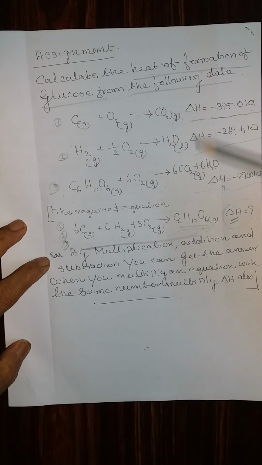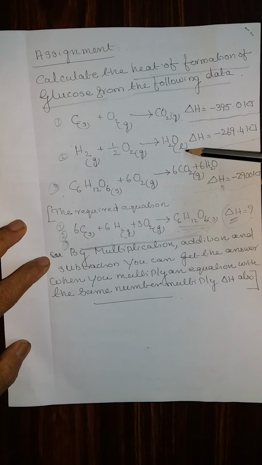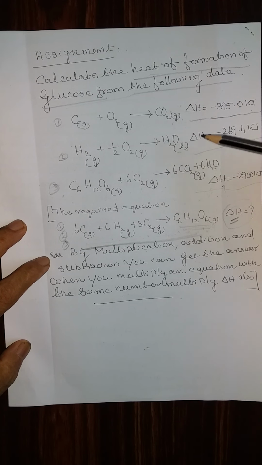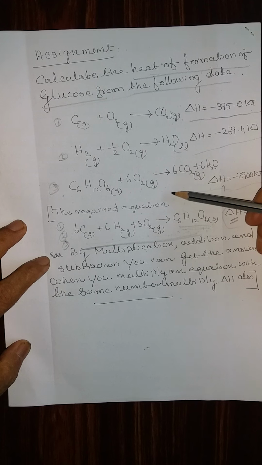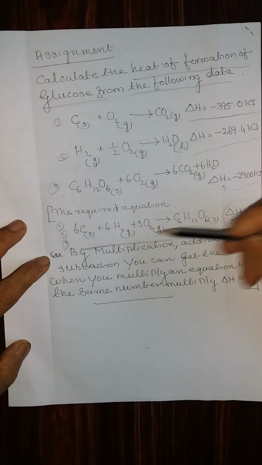For that, these three equations will help you. These equations can be multiplied by a certain number, and two equations can be added or one equation can be subtracted. Therefore, multiplication, addition and subtraction of these three equations will definitely give you this equation.